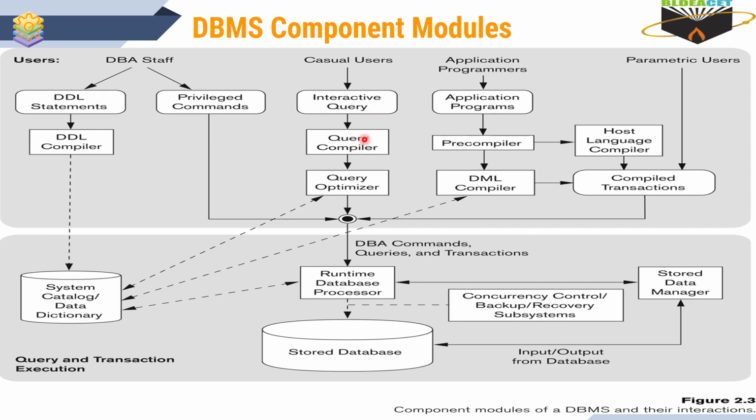The queries generated by the casual users to access the information occasionally are parsed and validated for correctness of the query syntax. After that, the queries are passed to the query optimizer.